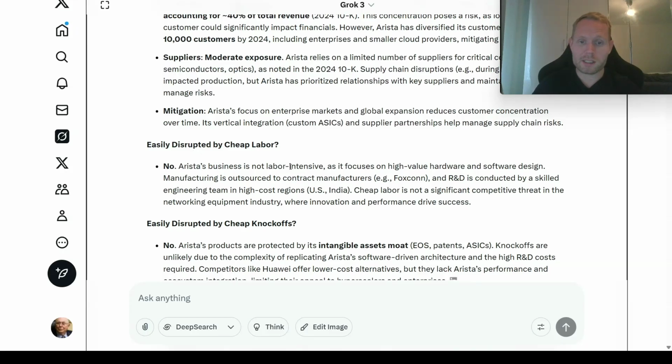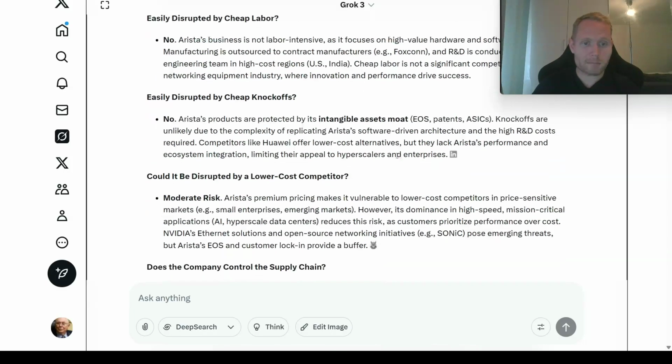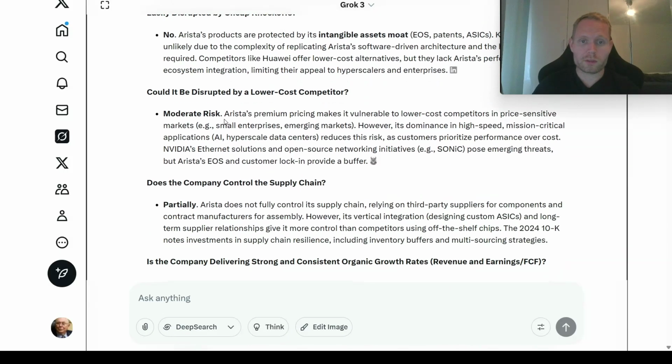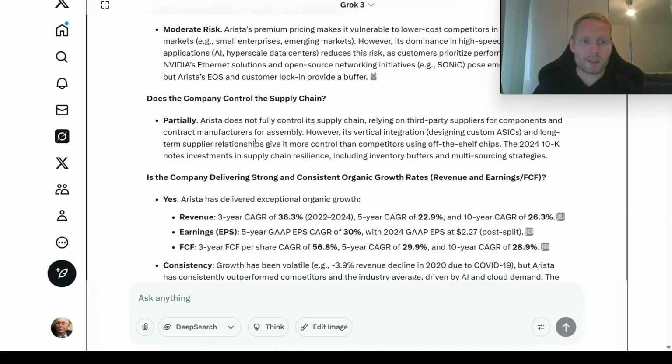They're not easily disrupted by cheap labor. It's not labor intensive. It's high-value hardware and software design. Cheap knockoffs, it's unlikely. They could be disrupted by a lower cost competitor. That's moderate risk because they have premium prices, which makes them vulnerable to low-cost competitors in price-sensitive markets. They control the supply chain partially.